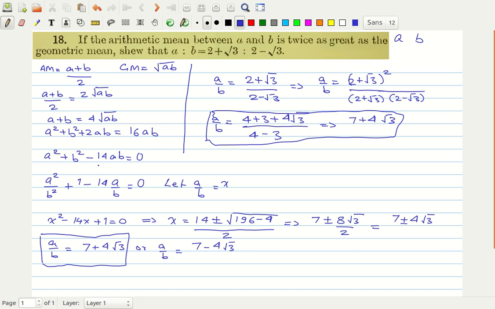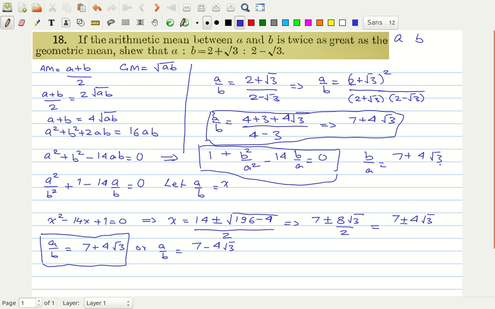Remember that we have performed the squaring operation over here, and whenever we square, some redundant values are added, but in this case there is a significance of A is to B, which is 7 minus 4 root of 3, because instead of dividing A square plus B square minus 14AB by B square, we could have easily divided this equation by A square, and then in that case we would have got B square by A square minus 14 B by A equal to 0, and we would have got the same answer, that B is to A is going to be equal to 7 plus 4 root of 3.